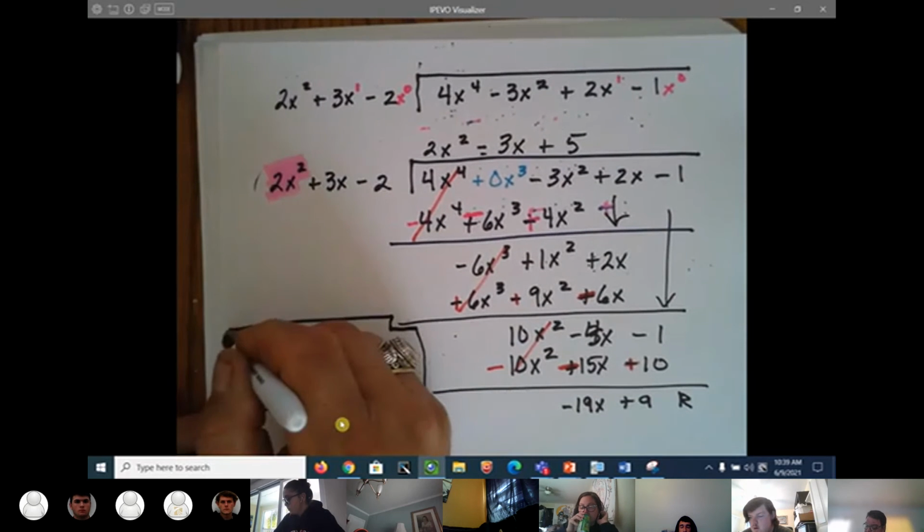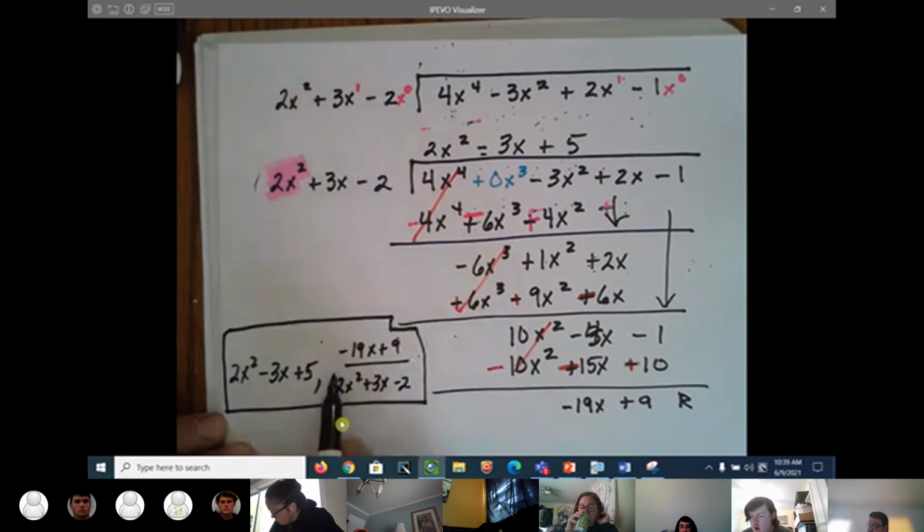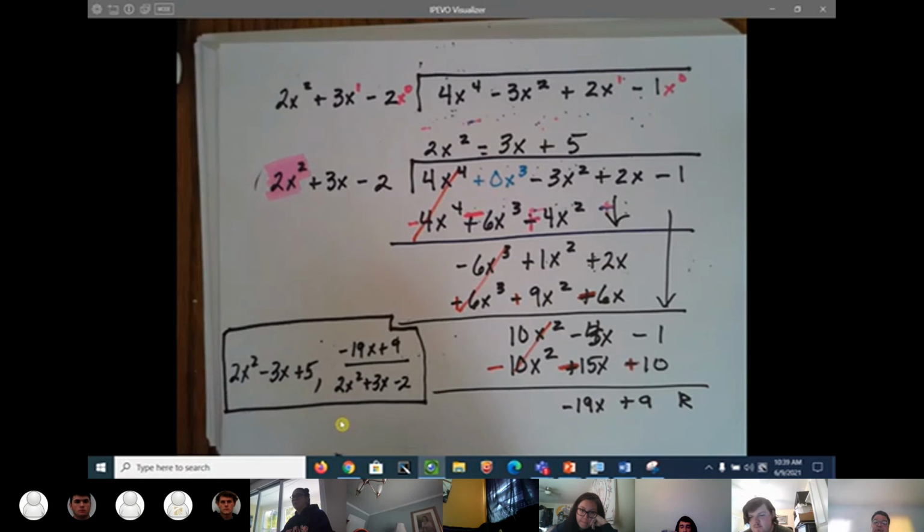Now you could write the remainder and just put an R here and put negative 19x plus 9. It all depends on what the directions say with your question.